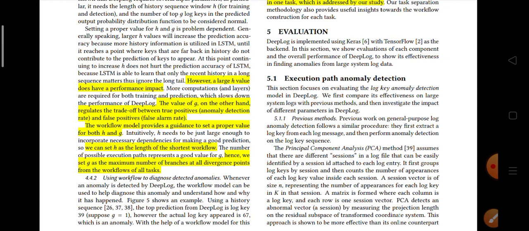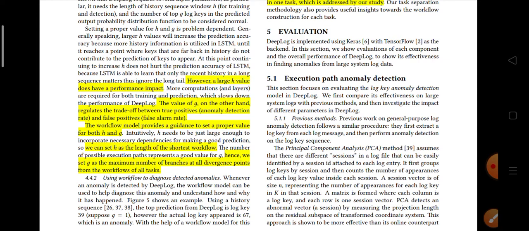So once you create the model, there are a lot of hyperparameters. Here they are telling that one of the two parameters, the trade-off parameter, is the window size. How much should your window be? Because you are doing windowing to take the sequence for input and labeling, right? In this paper they say you can take a window of 3 to 10.